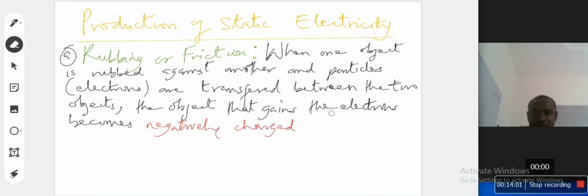That's the one that gains. But the one that loses becomes positively charged.